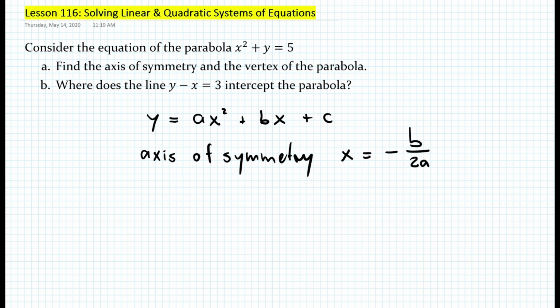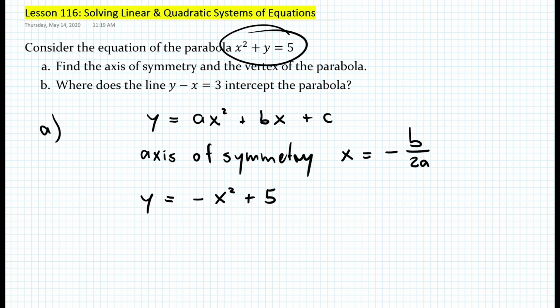So what we want to do here for part A is to rearrange this equation into standard form. So we write y is equal to, so we can now subtract x squared on both sides. So we have negative x squared and plus 5.